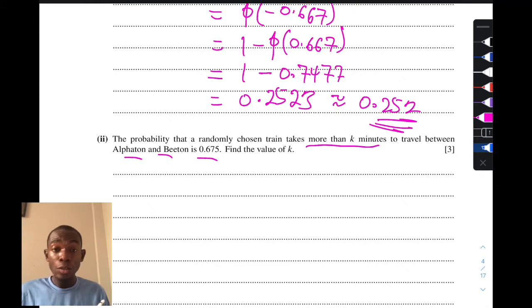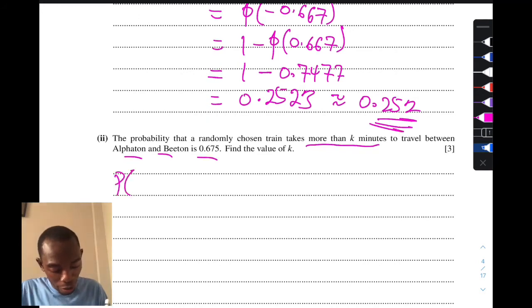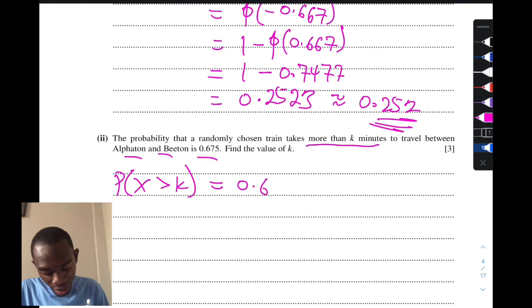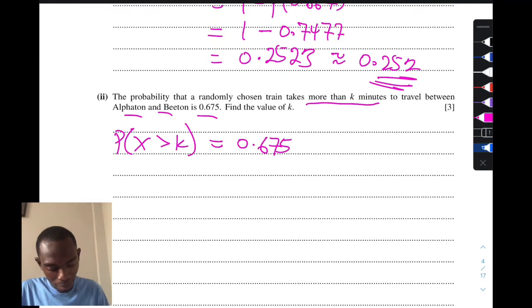Anyways, you should find the value of k. So it takes more than k minutes. So the probability of X is greater than k is equal to 0.675. Okay, so that means that Z is greater than k minus the mean 140 over the standard deviation 12.